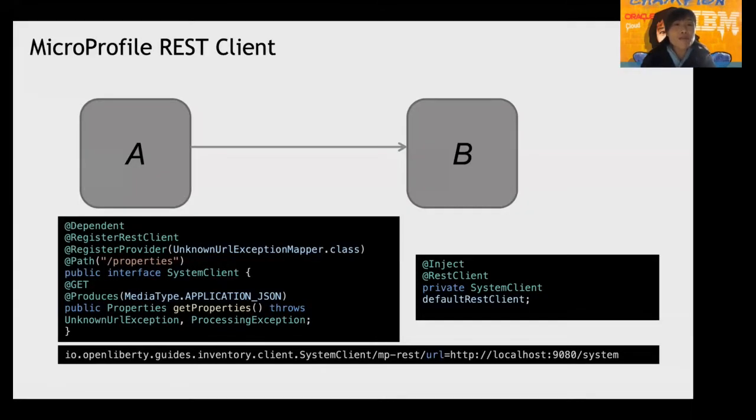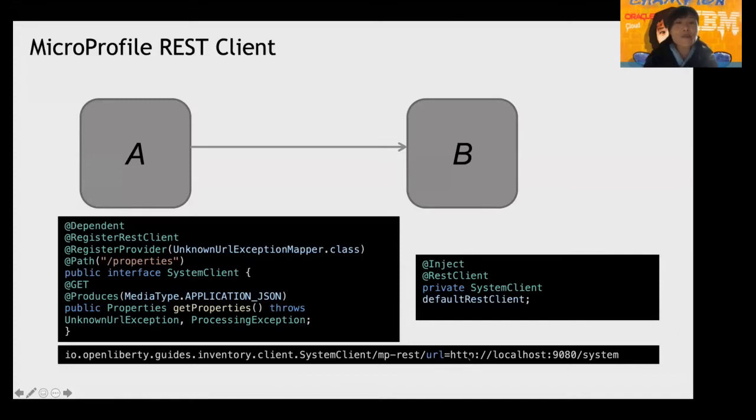Here, the MicroProfile REST Client can help you with that. In your caller, you can just create an interface with the API, annotate it with RegisterRestClient, and then inject that interface into a variable. You can directly call any method, like get properties, on this variable.